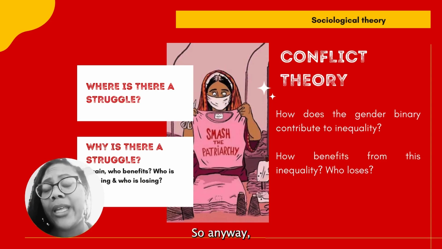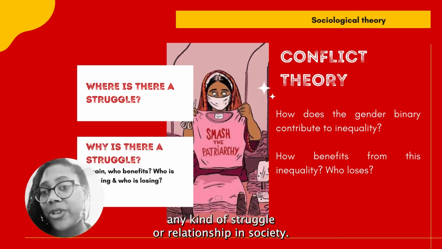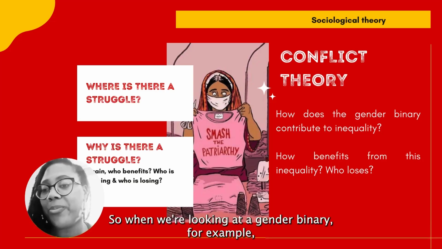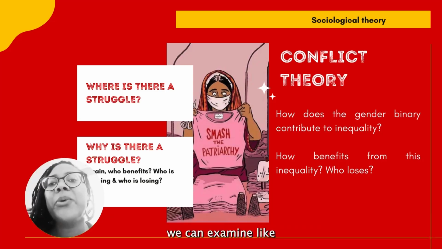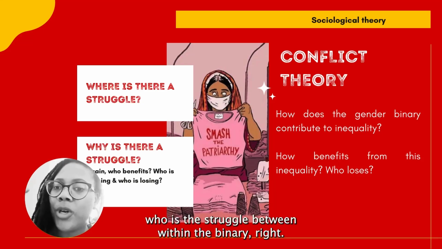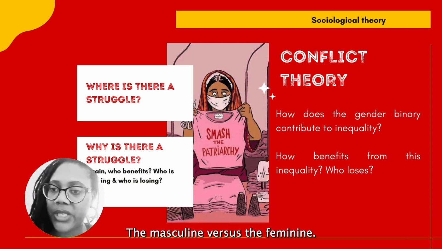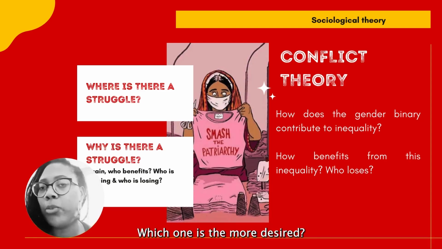So anyway, we can apply the conflict theory to almost any kind of struggle or relationship in society. So when we're looking at a gender binary, for example, we can examine who the struggle is between within the binary, right? The masculine versus the feminine. Which one is the more desired?